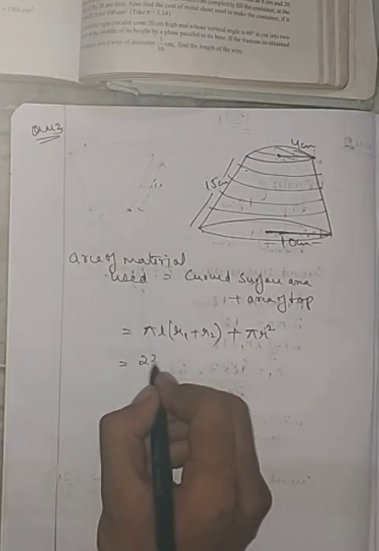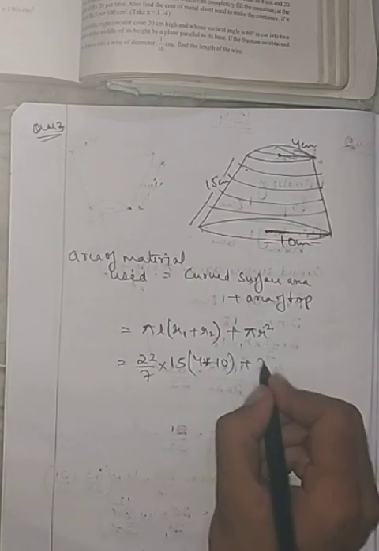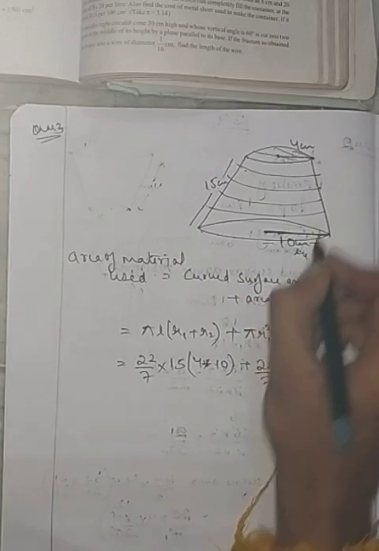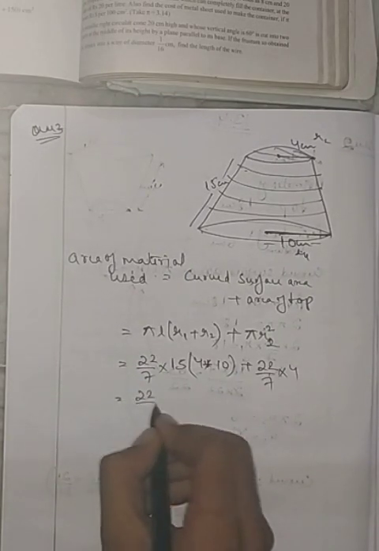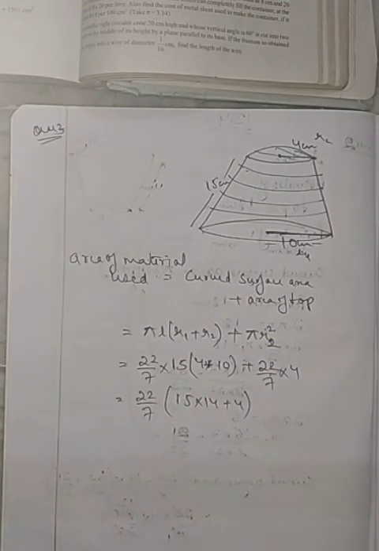Now we have to put the values. 22 upon 7 into L, 15, in bracket, R1 is 4 plus 10, plus 22 upon 7 R square, the top one. Top one we have taken, so it will be 4 into 4. 22 upon 7 common, what we are left with? 15 multiply 14 plus 4.